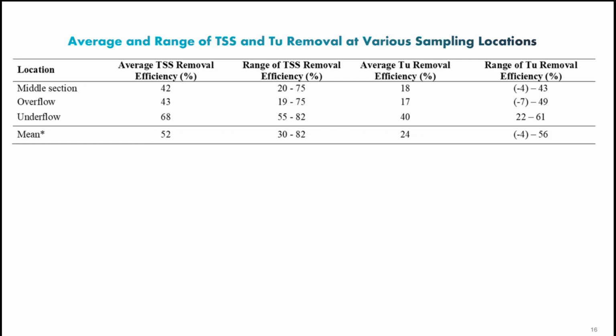But for TSS, you have to take a sample to the lab and do a lot of testing to get the TSS value. In this case, it seems that turbidity cannot be a one-to-one representation of what we have in the system. Also, you see there are some negative values, meaning that the turbidity picked up instead of being reduced through the system.